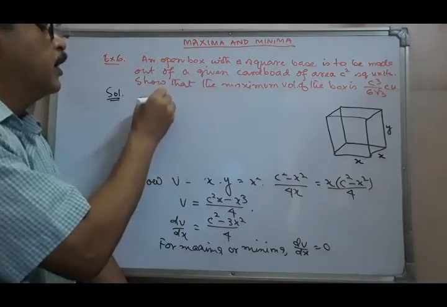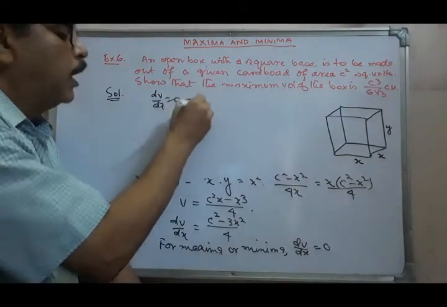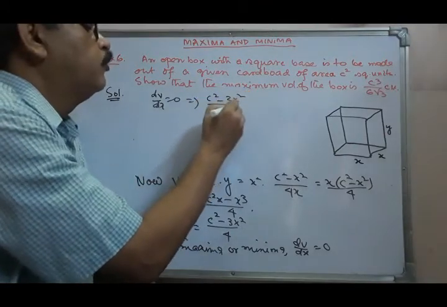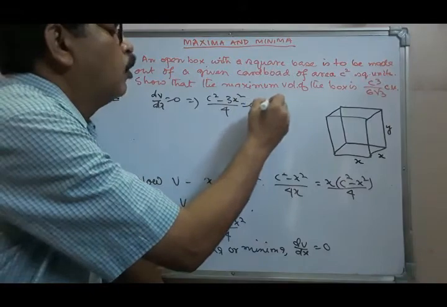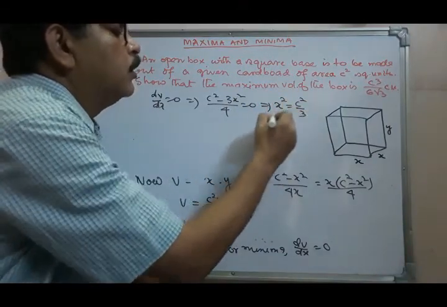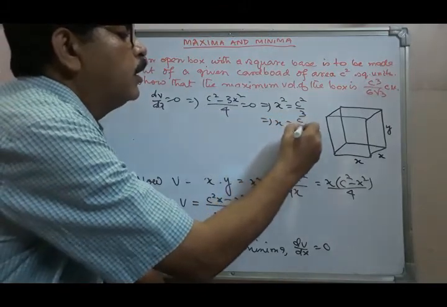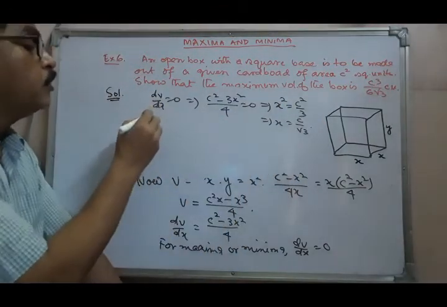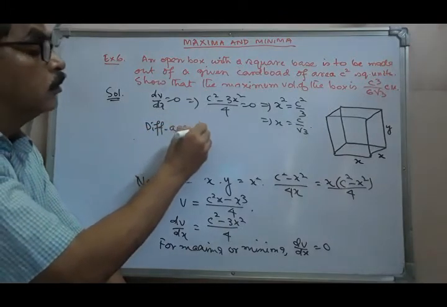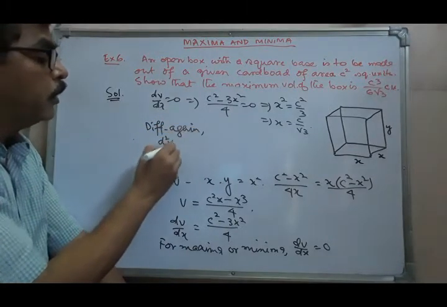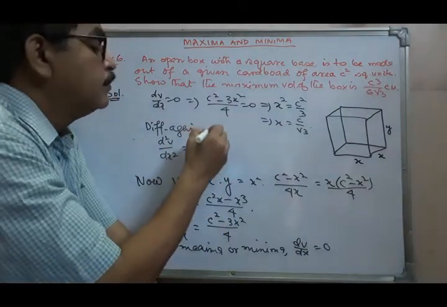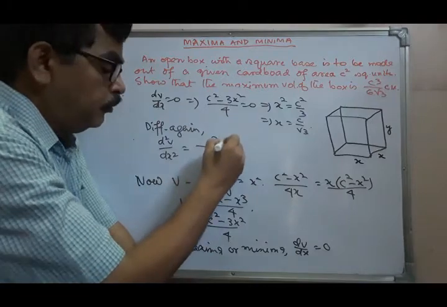So dv by dx equal to 0 implies c square minus 3x square by 4 equal to 0. From here we are getting x square equal to c square by 3. So x equal to c by root 3. Differentiating again, d2v by dx2 equal to minus 3 by 4 into 2x.